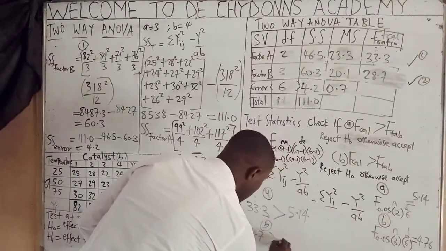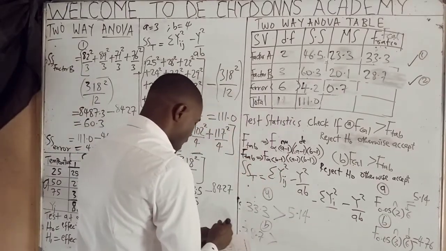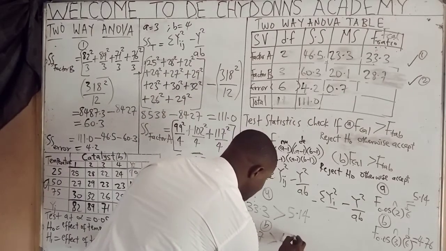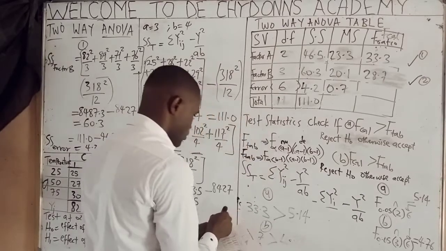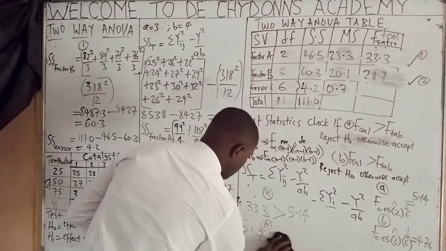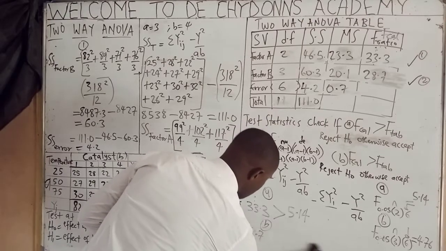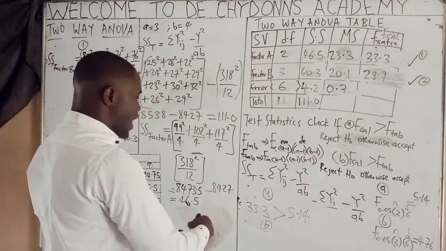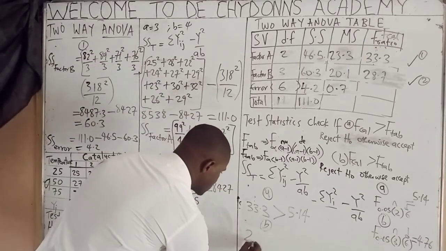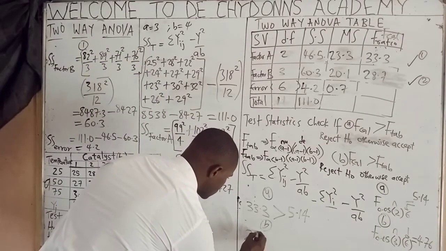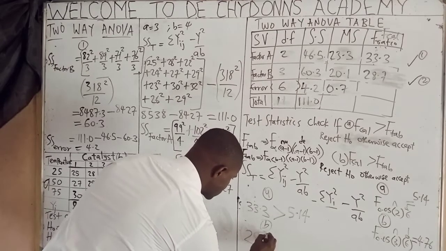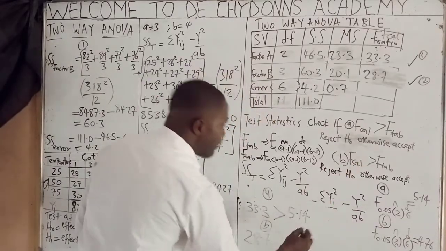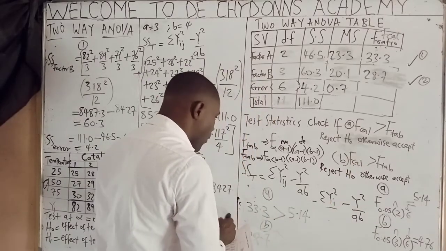F table is 4.76. So F calculated we had was 28.7. Check whether it's greater than F table. F table we have was 4.76.